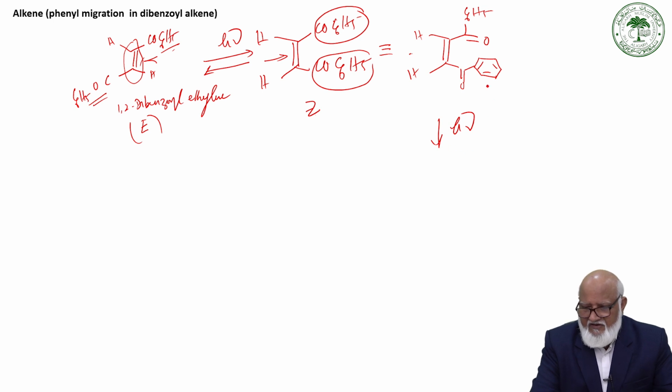Right. So now in the presence of light, one of the carbonyls, either this or this, gets excited, and it can add to one of the phenyl groups of the adjacent carbonyl, and then it can be represented like this. So we can have a six member transition state.